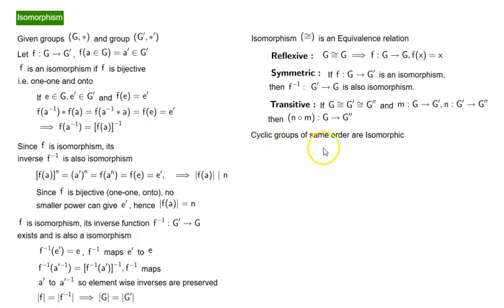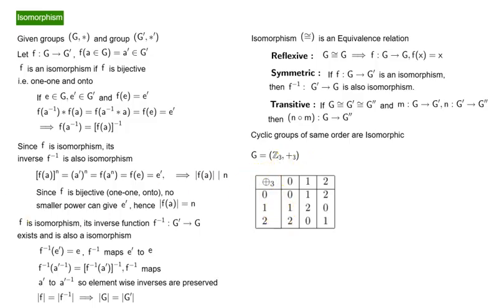Now, cyclic groups of the same order are isomorphic. So let's take an example. Let G be the set of integers under addition modulo 3, or more specifically, the set of congruence classes of integers modulo 3 under addition modulo 3.